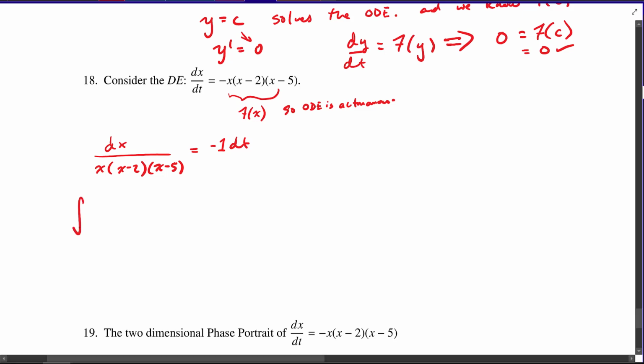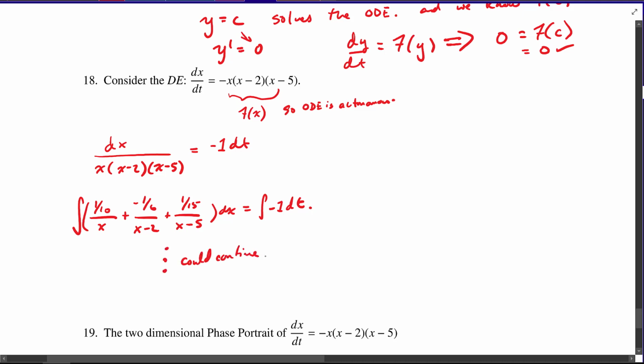And so breaking up and integrating with respect to the given variables, it turns out, and you could check this, this comes out to be the integral of 1/10 over x plus negative 1/6 over (x minus 2), and then plus 1/15 over (x minus 5), and you could check that, dx is equal to the integral of -1 dt, and you could continue to work to solve this. It should look like something we've done before, so you could continue that.